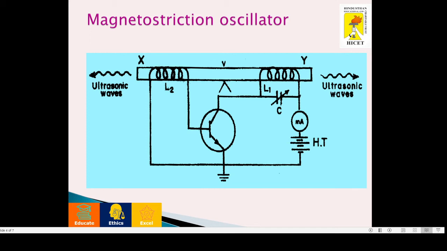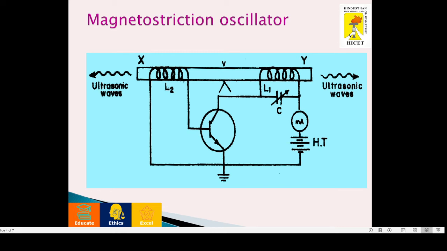Due to mutual induction, current is induced in the inductor coil L2. So the inductor coil L2 gives current to the base of the transistor. At forward bias, it emits current in the collector terminal. How much current is produced, we can measure using the milliammeter.